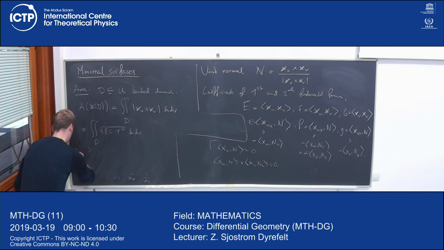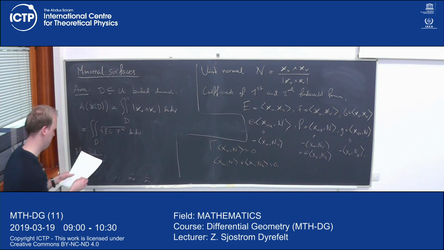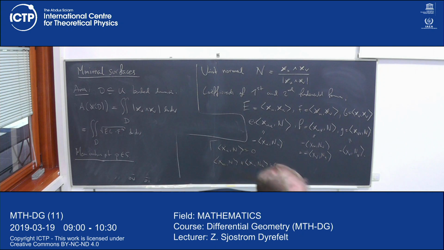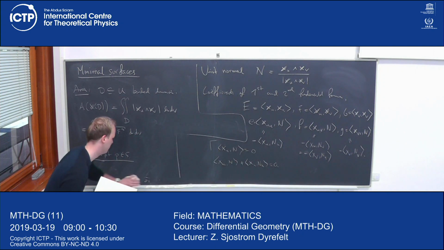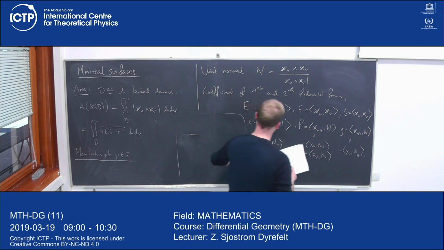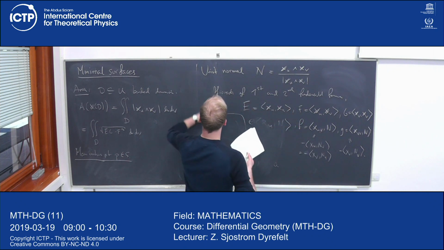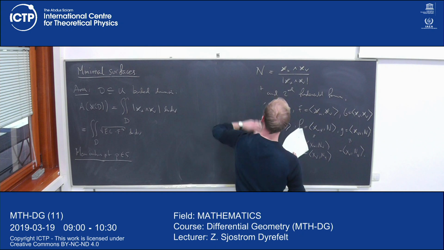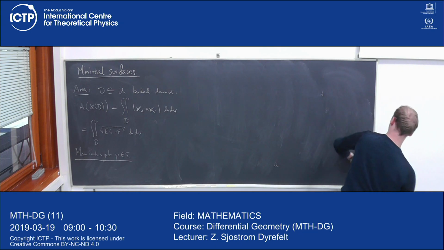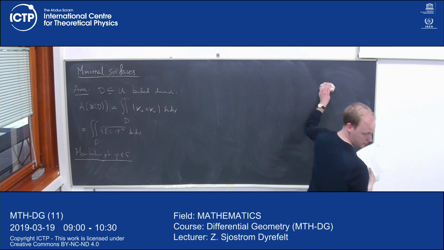And then you also have mean curvature. So at some point on the surface, we'll recall the formula for mean curvature in terms of these coefficients. So you have seen these things?